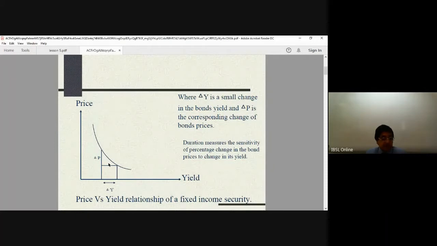If the interest rate change is higher than 150 basis points, the duration sensitivity measure is not that reliable. So the reliability of the duration measure depends on the level of interest rate change.